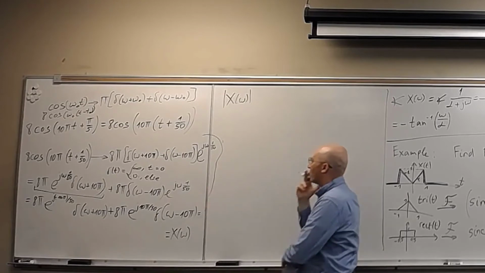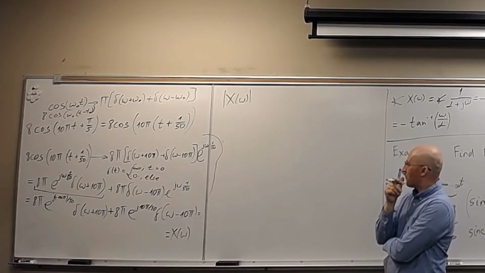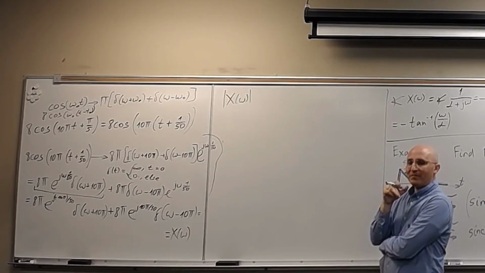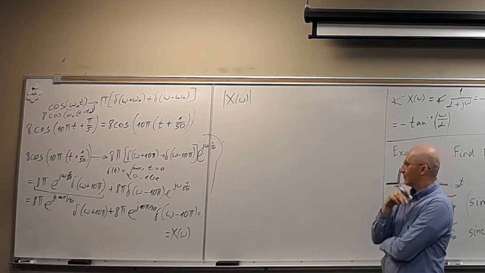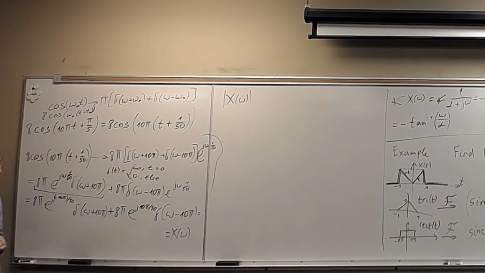What is the absolute value of that sum? The absolute value of their coefficients added together? The absolute value of the coefficients, yes. And what is the absolute value of the coefficients?